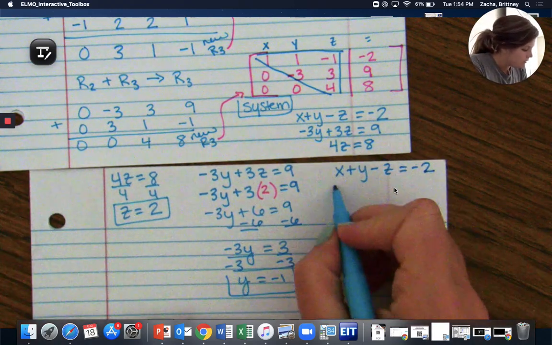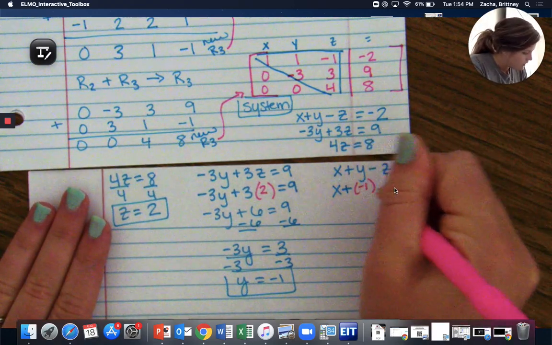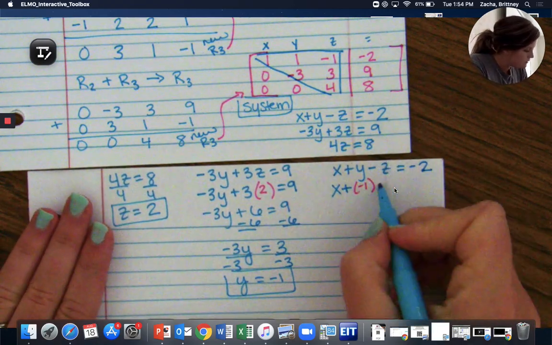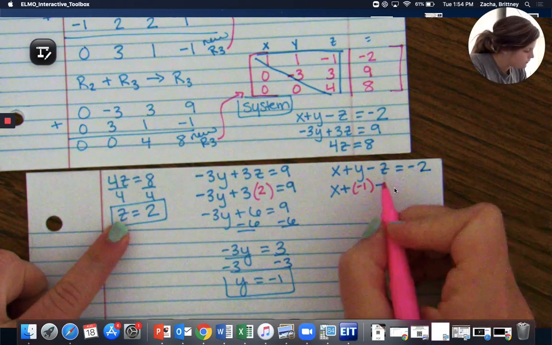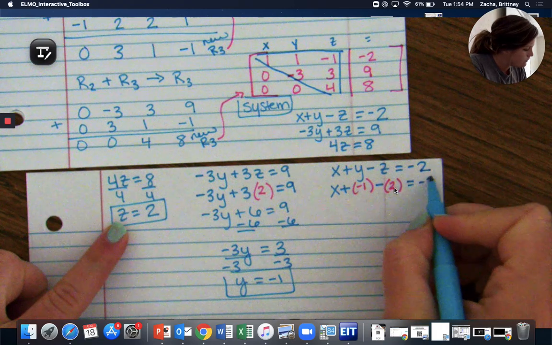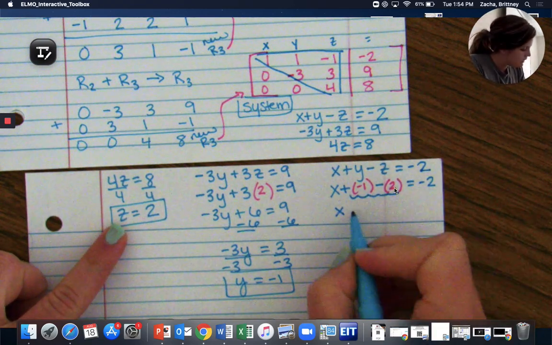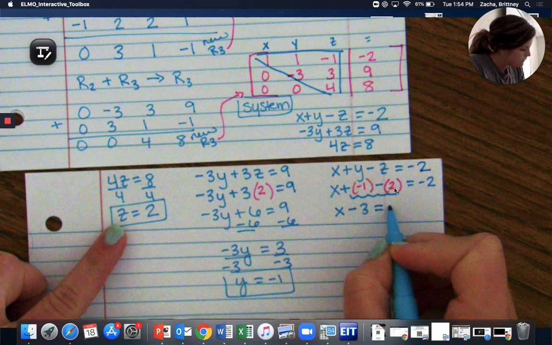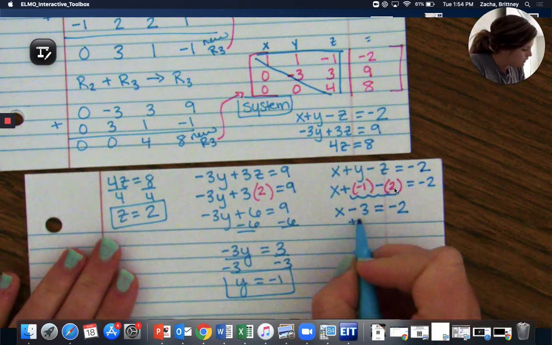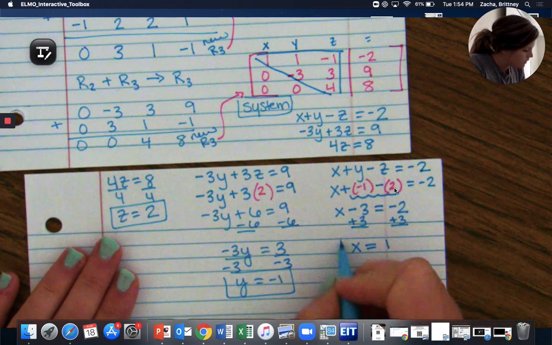Okay, so x plus negative 1 and then minus our z, which is 2, equals negative 2. Okay, we can go ahead and combine these. So negative 1 minus 2 would be negative 3. And then add 3. So x equals 1.